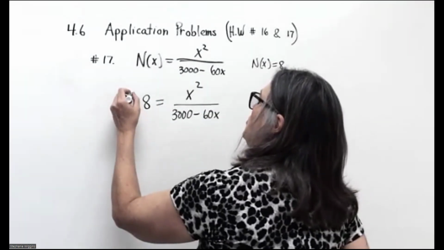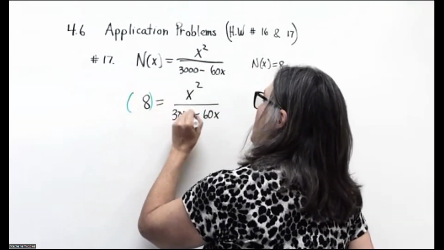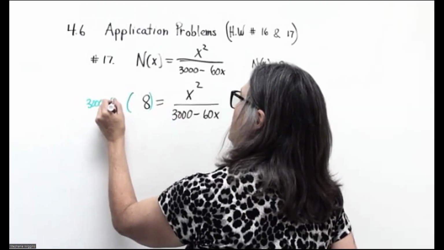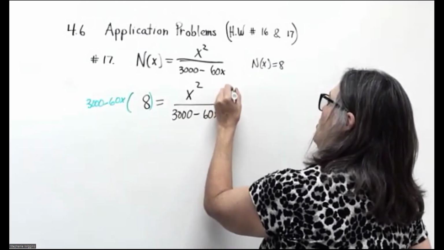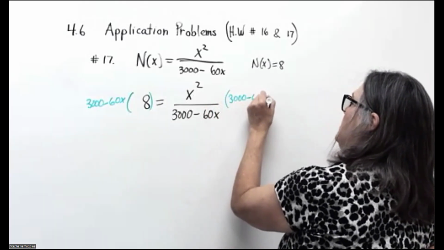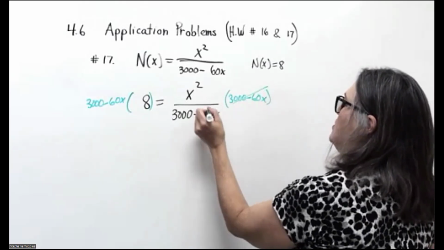I'm going to multiply both sides by this denominator to get rid of the denominator. On this side, it's going to be 3,000 minus 60x, and also on this side, 3,000 minus 60x. So this is going to cancel.